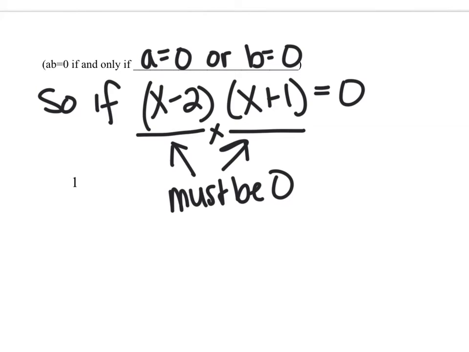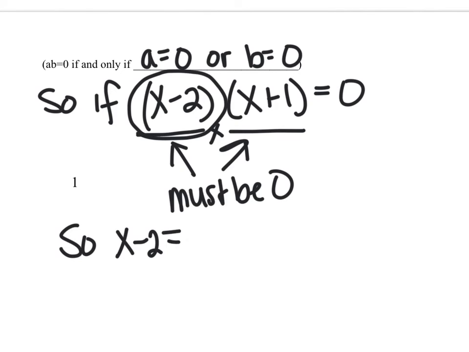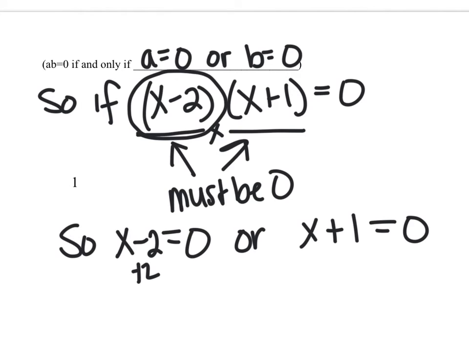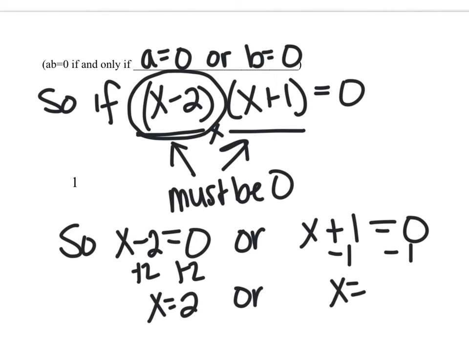Now we're not saying x must be 0, but the entire quantity must be 0. So x minus 2 must be 0, or x plus 1 must be 0. And for what value of x is x minus 2 0? X equals 2. Or for what value of x is x plus 1 equal to 0? X equals negative 1.